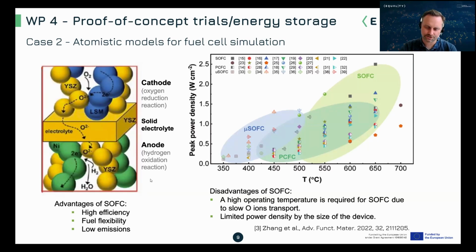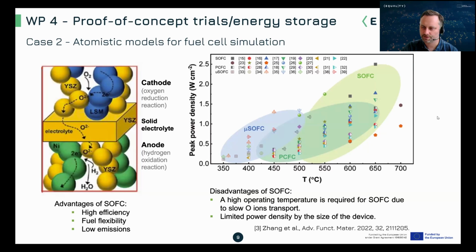So what are the advantages of solid oxide fuel cells? First, they have very high efficiency. They are flexible in fuel use. You can not only use hydrogen, but could also, for example, use methane to produce energy, and they have very low emissions. A disadvantage of solid oxide fuel cells is that a very high operating temperature is needed, because the transport of oxygen ions is very slow.